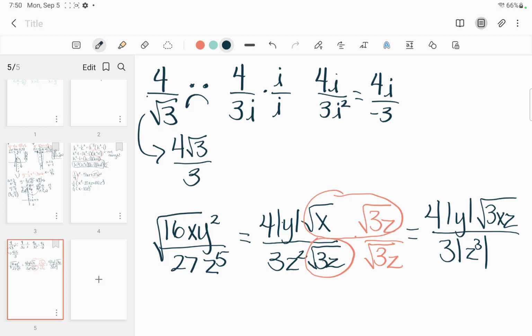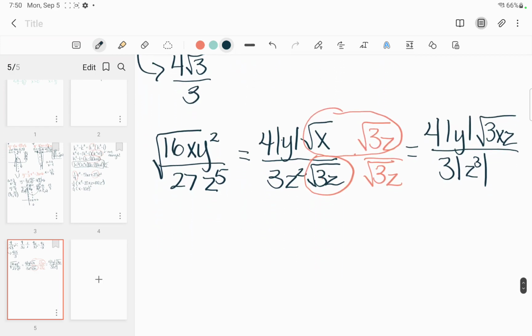The next problem here that I saw was F, and F was kind of an interesting one because we had to use fractions and radicals, so that was pretty exciting.